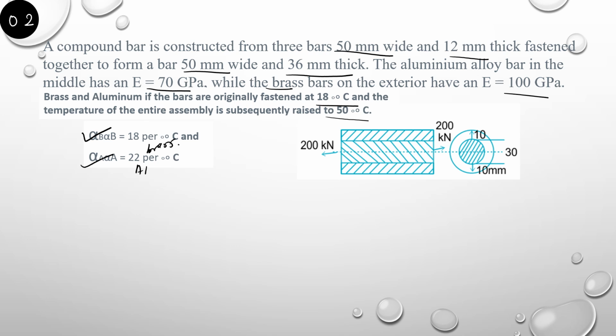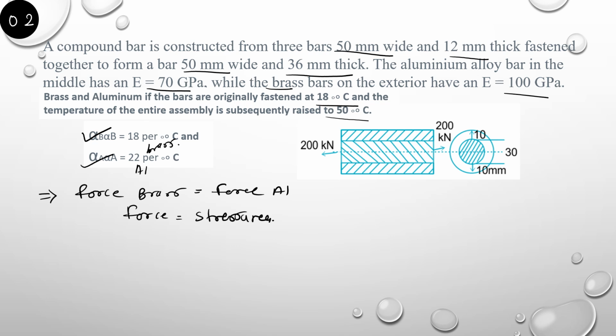Okay, so the steps are: first, the force in the aluminium and brass are the same. The force formula is stress into area. So here we equate the values of forces of brass and aluminium.